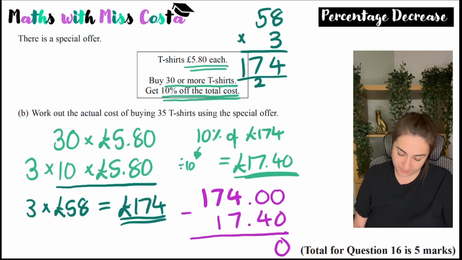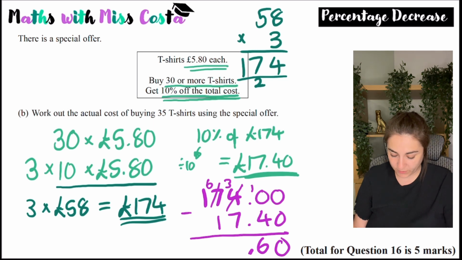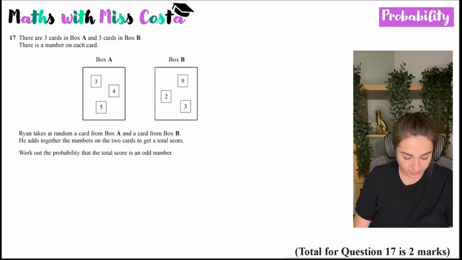So 0 take 0 is 0. 0 take 4 you can't do, so you borrow a 10 from here. 10 take 4 is 6. 3 take 7, once again you can't do, so that becomes 6. And 13 take away 7 is 6. 6 take 1 is 5. And 1 take 0 is 1. So the actual cost would be £156.60.